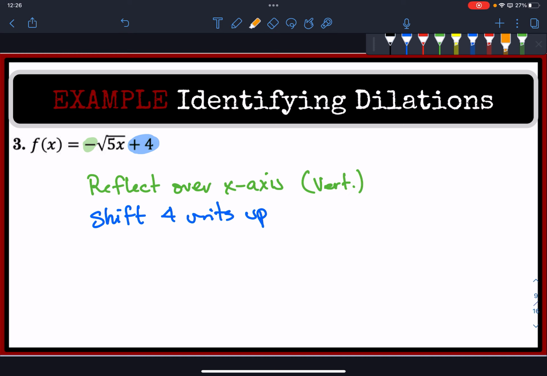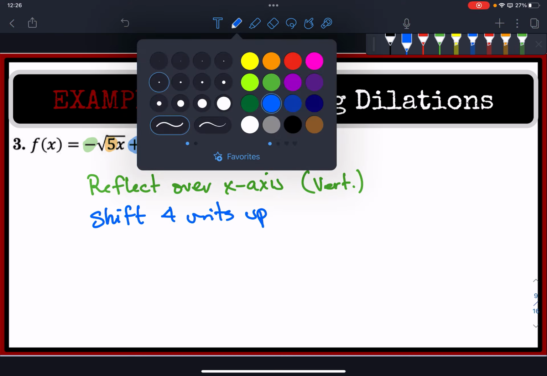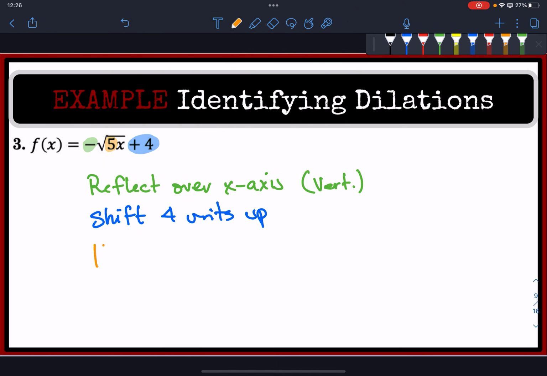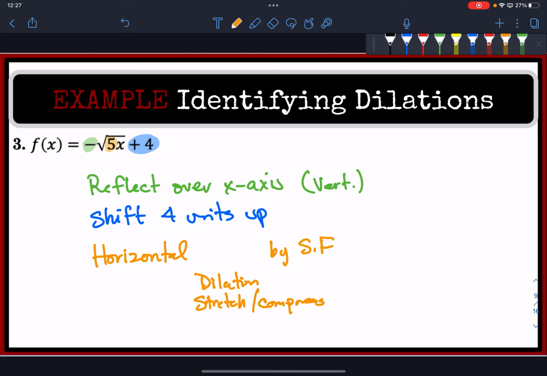What the 5 is going to do, since we're multiplying by 5, is a horizontal dilation, which means that we can stretch it or we can compress it. And an easy trick to remember, again, it's the opposite. So since it's the opposite, our scale factor is going to be flipped.